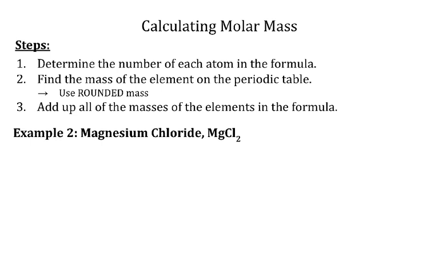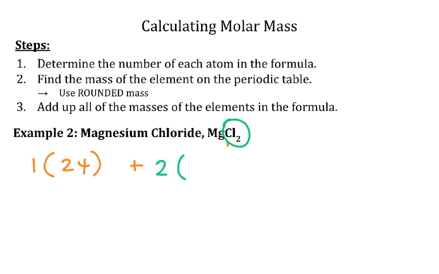This next one, magnesium chloride. Mg, we have 1 magnesium, so 1 times. Go back to your periodic table or have another one open. Magnesium is 24.31 on the periodic table, so I'm going to just say 24, plus my chlorine. I have 2 chlorines.